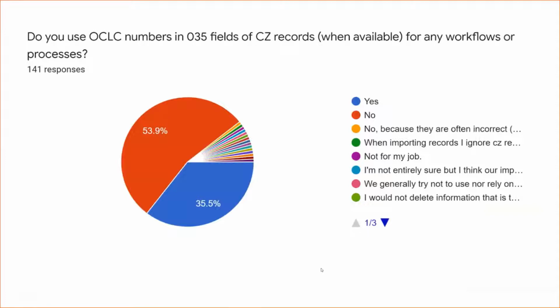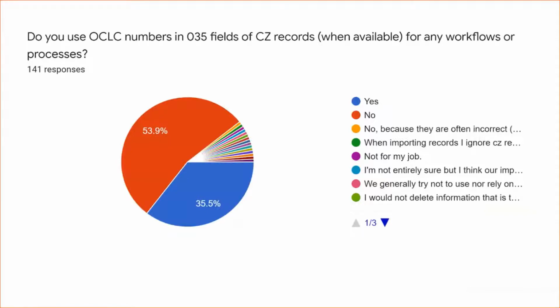One of the stickiest questions that we asked, and one of the ones where we were really not sure what kind of responses we might get, was whether institutions use the OCLC numbers that are in 035 fields of some community zone records. And as you all are probably well aware, not every community zone record has an OCLC number, nor are they likely to.